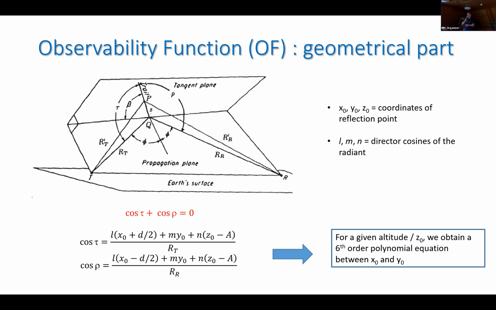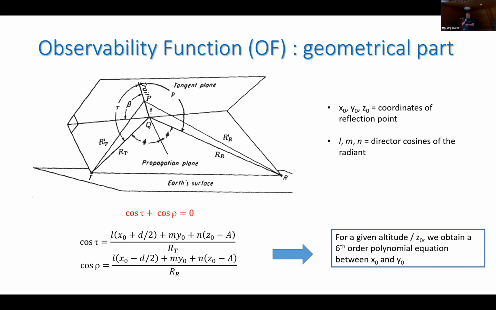So there is the geometrical part. This is explained here. This is the trail. The trail is in general inclined to this plane, the propagation plane of the radio wave going from the transmitter to the reflection point and back to the transmitter. When you do the math, and I'm not going to do it here, you obtain an equation. It's explained here, but I don't have time to go into the details.